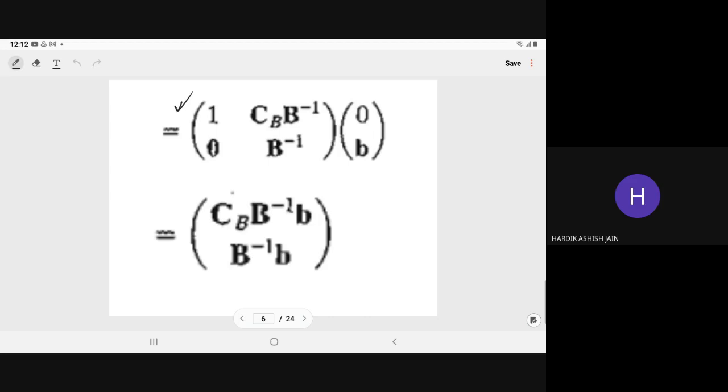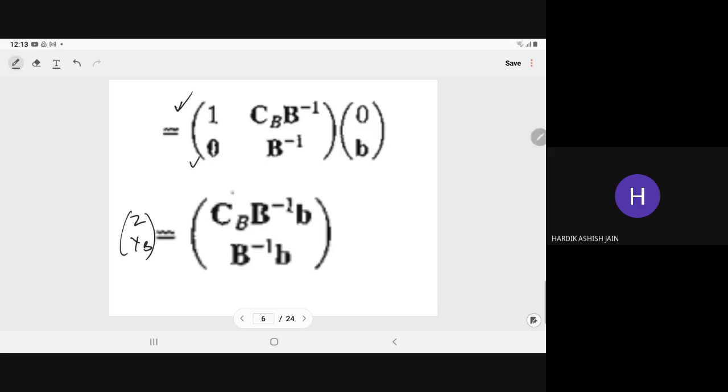So when we multiply, you will get Z and XB: Z will be CB B inverse b and XB will be B inverse b. That is the value of Z and XB.